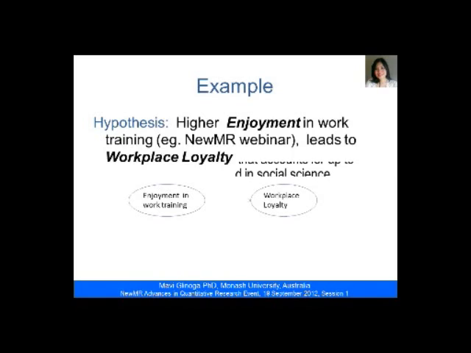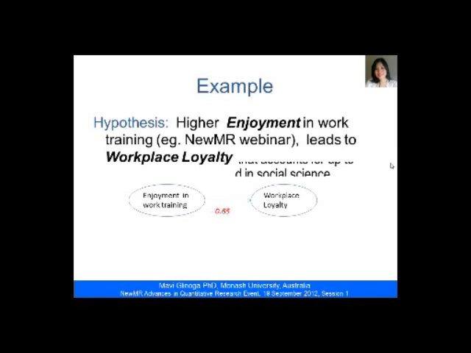In a situation where there is a high level of common method variance or high degree of bias, our results might tell us the opposite of our hypothesis, and we might get the value of negative 0.65. And if we don't detect whether there is common method variance in our data or not, we might end up rejecting this hypothesis and say, oh, well, enjoyment in work training doesn't really increase workplace loyalty.